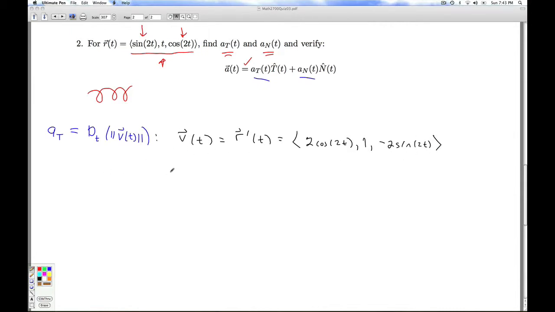And so then to get the speed, we square the components, add them up, and take the square root. So I square 2 cosine 2t, I get 4 cosine squared 2t, plus I square 1 and get 1, plus I square negative 2 sine of 2t, and I get 4 sine squared 2t, and that's all going to be underneath the square root.